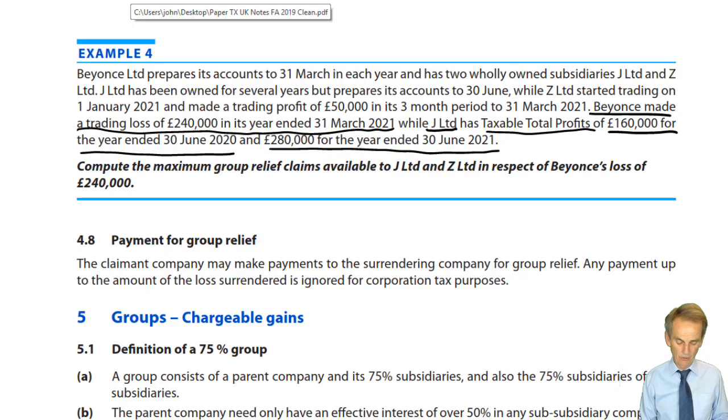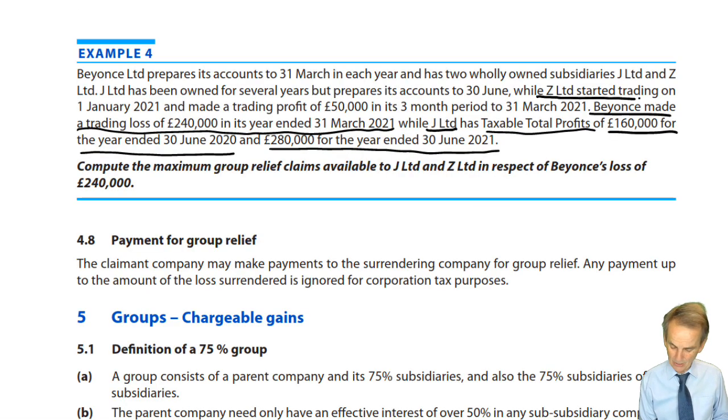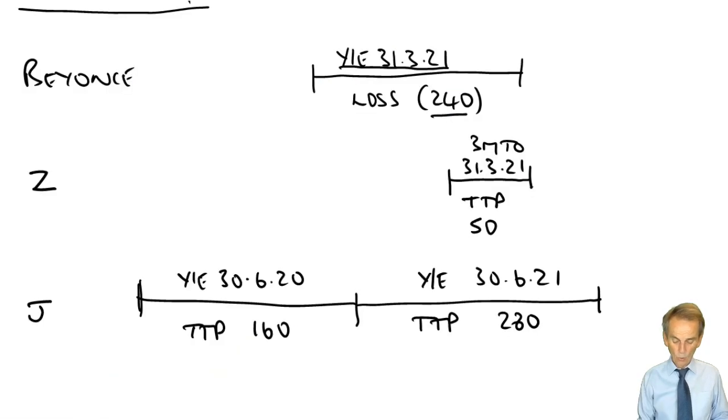Going back to the question, we'd been told here that Z Limited started trading on the 1st of January 21, and thankfully it prepares accounts to the same date as does Beyonce, a 3-month period through to 31st of March 21. So all of that profit-making period in which we made a profit of £50,000 corresponds with Beyonce's loss-making period.